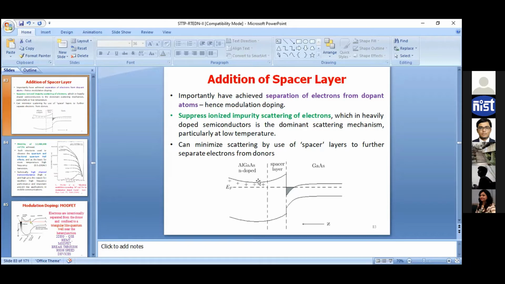It will be bent if there is a metal, but if we only show AlGaAs, then it will be straight. If there is a metal, then it will bend upward. If there is no metal, then it will be straight because this side is doped. Bending will start from the spacer region.